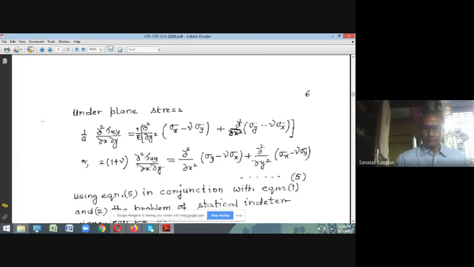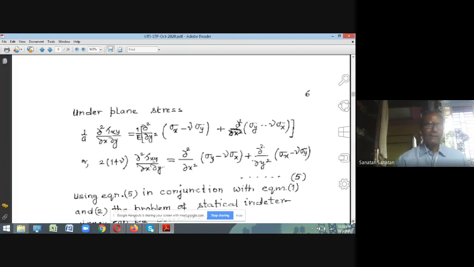You know, that's under plane stress condition, the compatibility conditions. So if we now write this compatibility condition, it looks like this: 2 into (1 plus mu) delta 2 tau xy by delta x delta y equals delta 2 by delta x square (sigma y minus mu sigma x) plus delta 2 by delta y square (sigma x minus mu sigma y). So therefore, this is the compatibility condition.